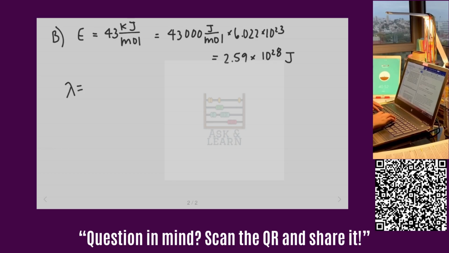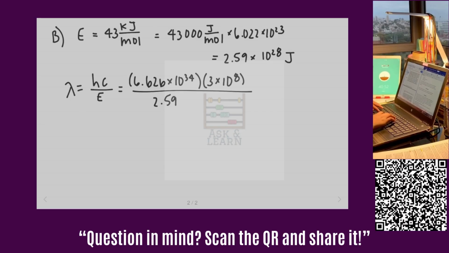So we can use the equation of wavelength is equal to H times C over E. So H and C are both constant. H is 6.626 times 10 to the 34th. C is a constant of 3 times 10 to the 8th. And then our energy is what we just calculated in terms of joules. So 2.59 times 10 to the 28th joules.